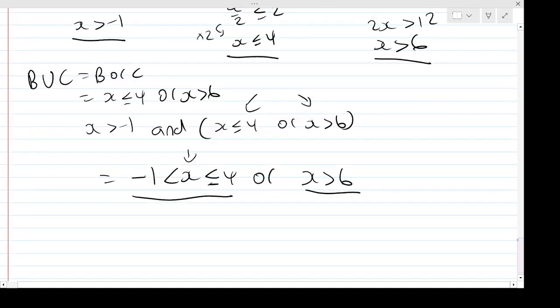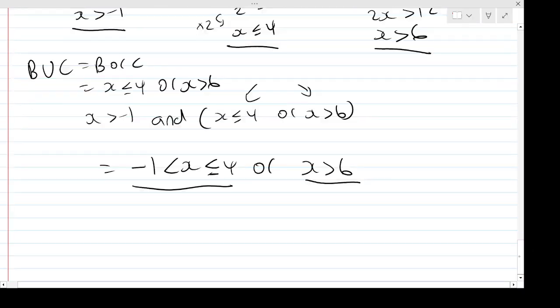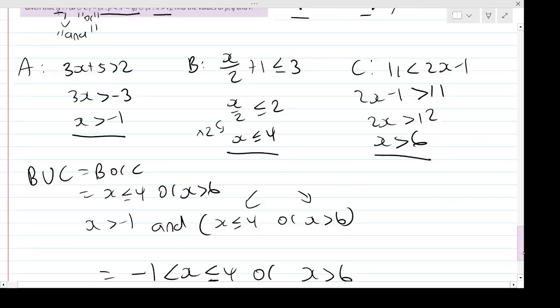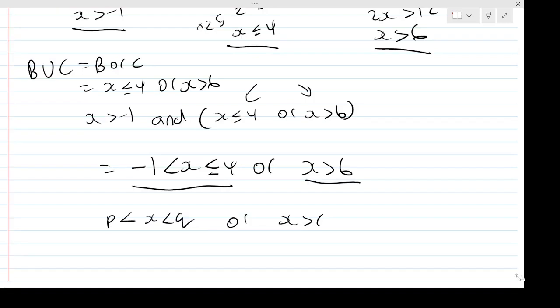Well, isn't that exactly the way our answer is laid out? So p less than x less than or equal to q, and x greater than r. That's exactly the same form.